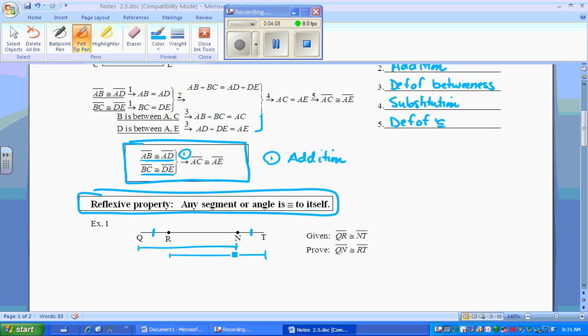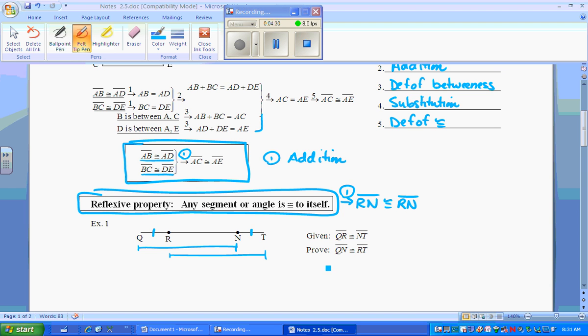So RN is the reflexive piece. It is being shared between both of them. So you can say that RN is congruent to itself. What does the reflexive look like? You would say the same thing is congruent to itself. You need an arrow in front of it, and this reason would be the reflexive reason.